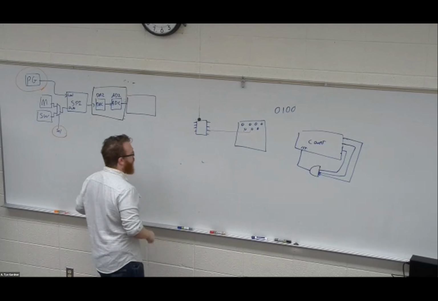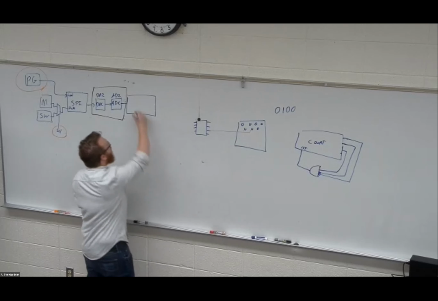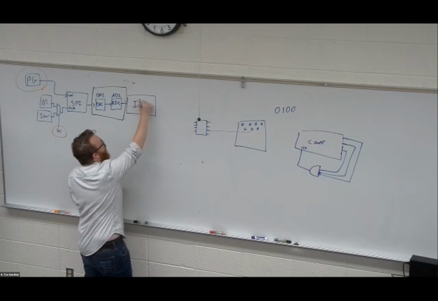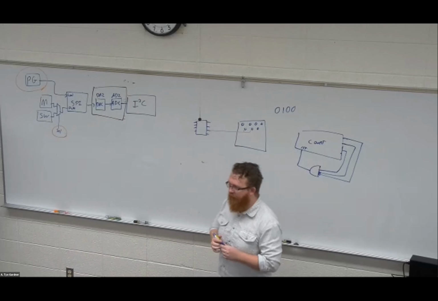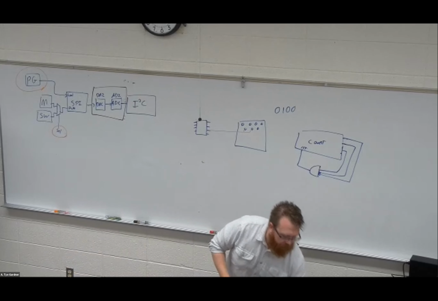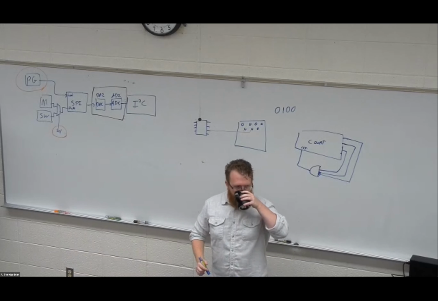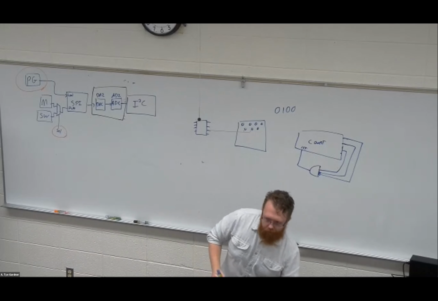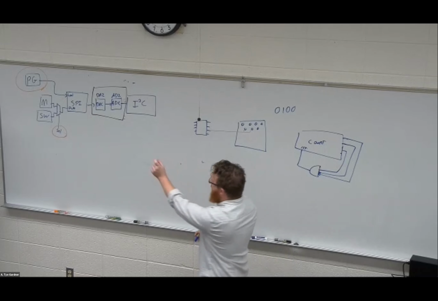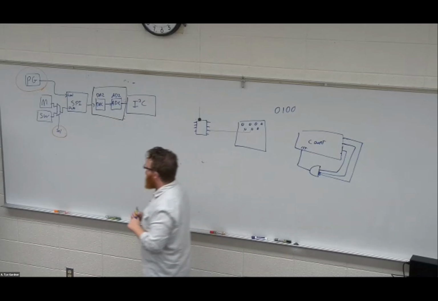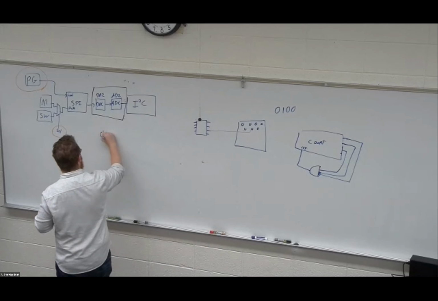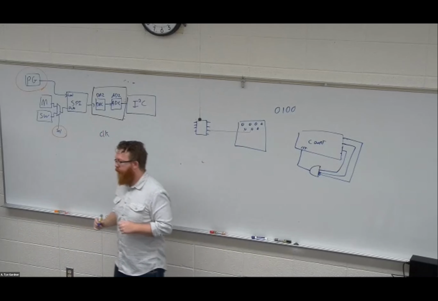The protocol that we're going to use for that trade-off is I2C, I2C. You'll hear it said both ways. It is very similar to SPI in that it has a clock.